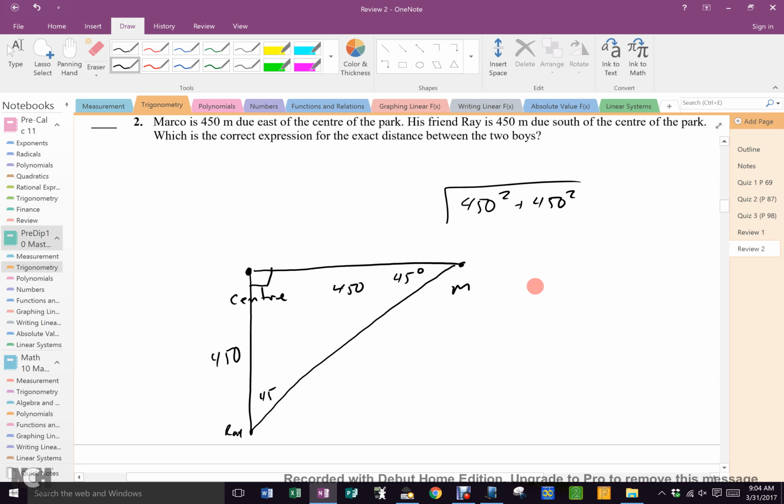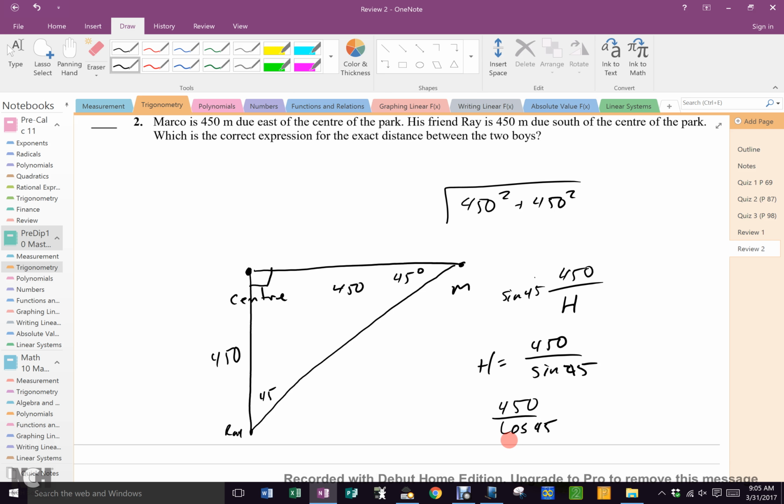If I use sine, it's 450 over hypotenuse, sine 45. So the hypotenuse is either 450 over sine 45 or 450 over cos 45. All of that is correct. Any one of the three.